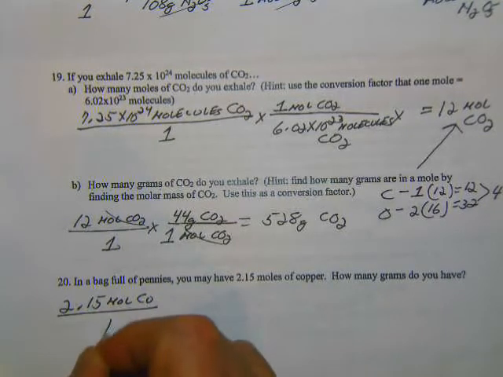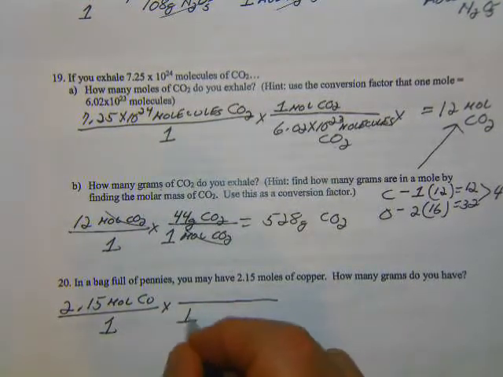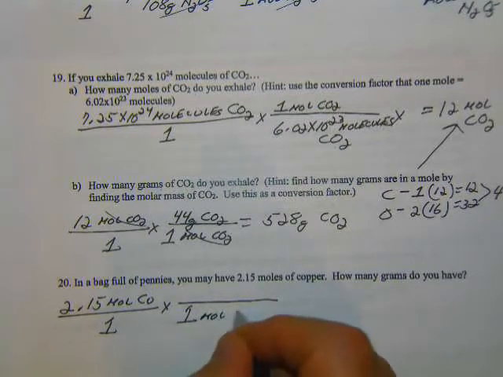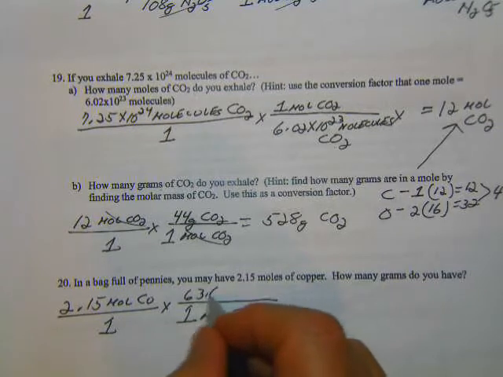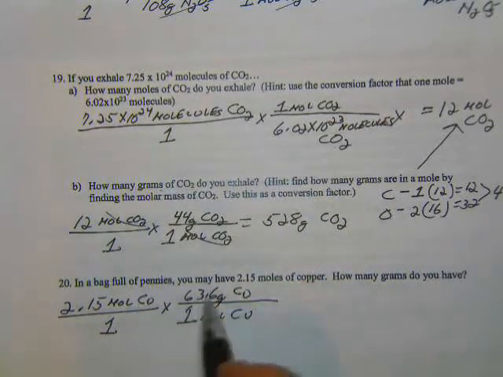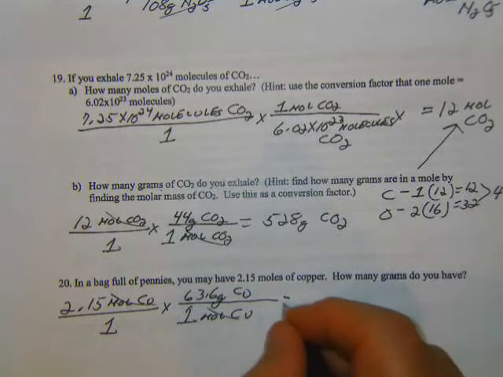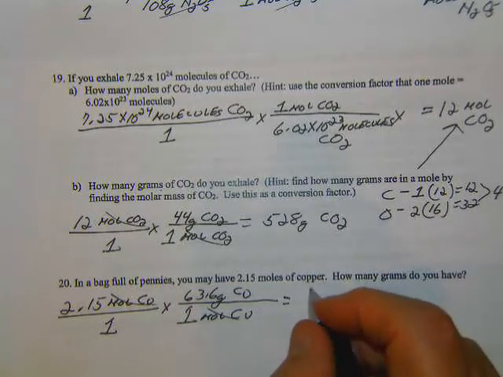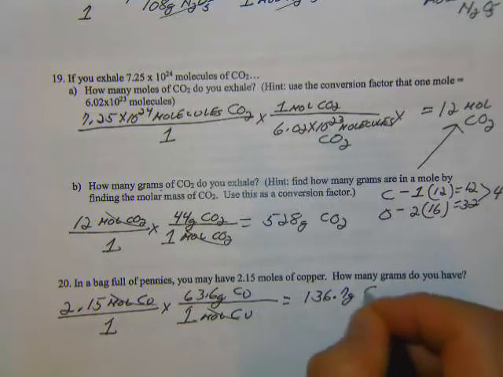Again, I like to put that over 1. And 1 mole of copper is 63.6 grams of copper. Moles are gone. I want grams, that's what I've got left. If you do the math, if my math is right, it's about 136.7 grams of copper.